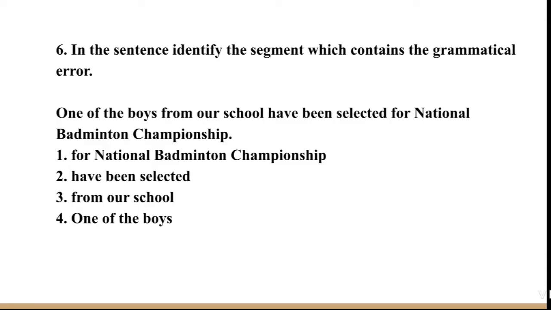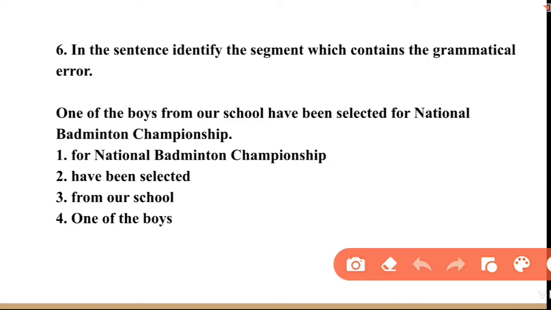Question number 6. In the sentence, identify the segment which contains the grammatical error. So if you think there is a grammatical error in the line, you need to find out the erroneous clause, the erroneous portion of this sentence, from the options.